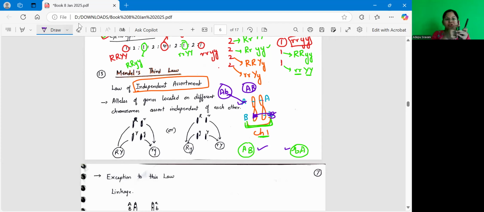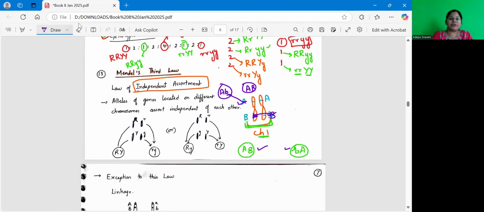As a result, this gene is moving along with the gene which was already present in this chromosome. Clear? So the law of independent assortment is related to the assortment or segregation of alleles of the genes, whereas the law of segregation is segregation of the entire chromosomes. Please try to remember the difference between these two.